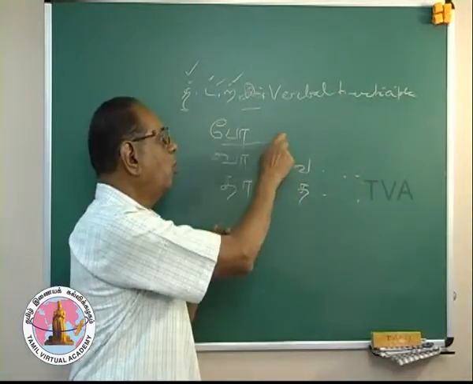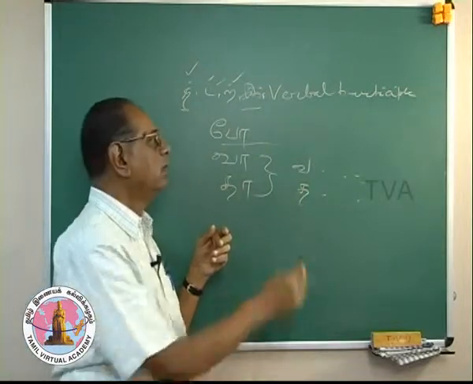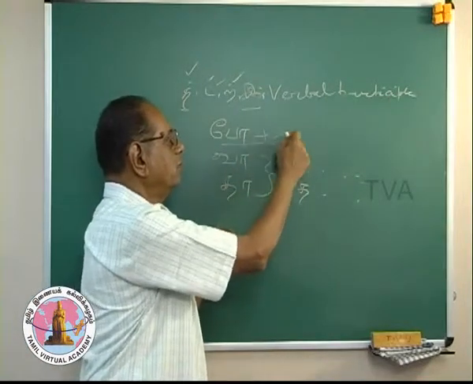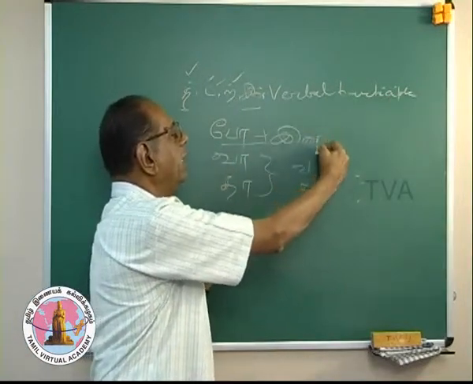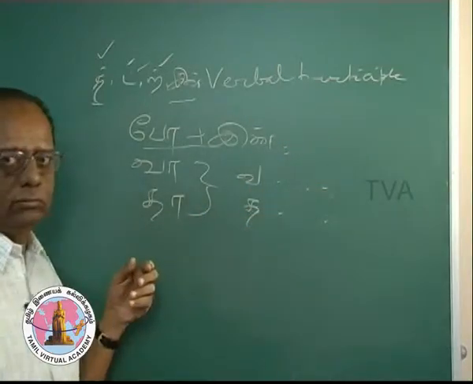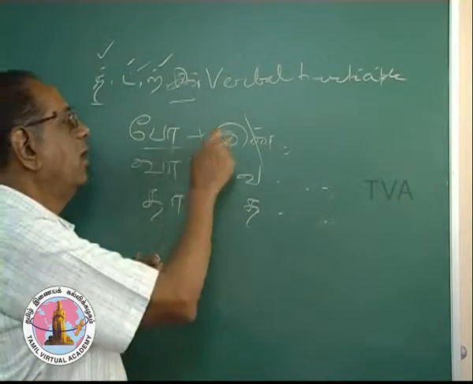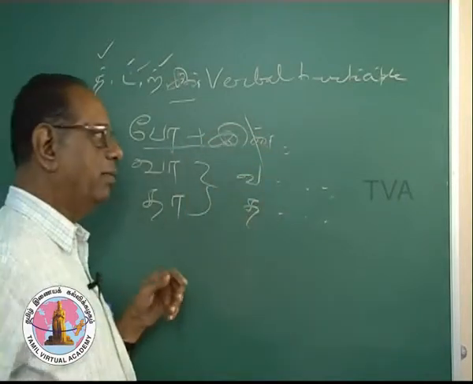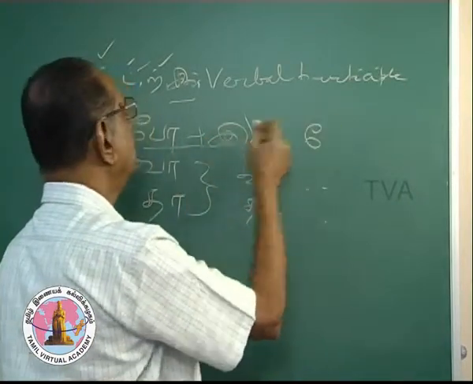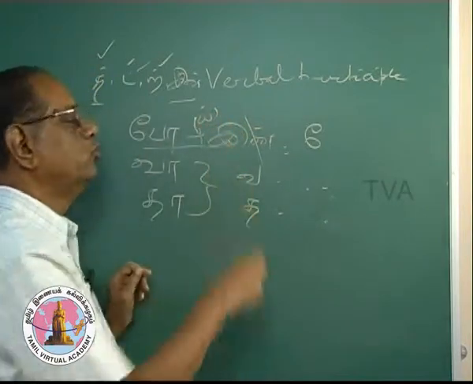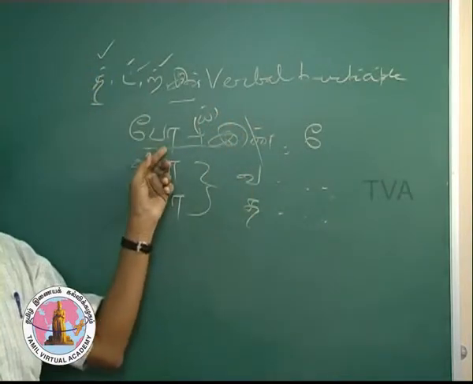Whereas in po, we saw while adding in, this n is dropped since they cannot be combined. A semi-vowel is introduced. Po is a long vowel.